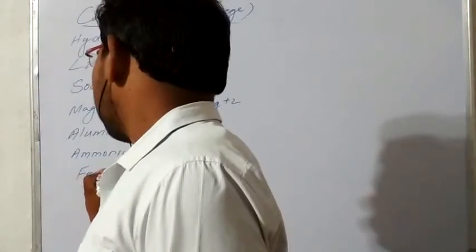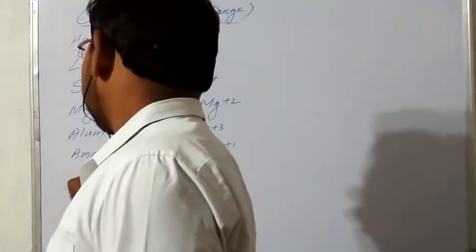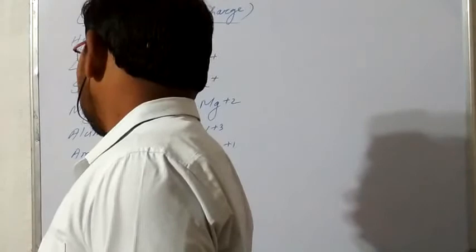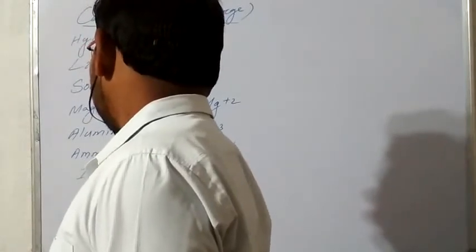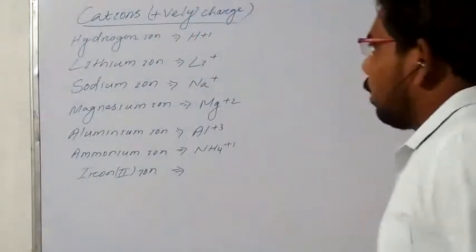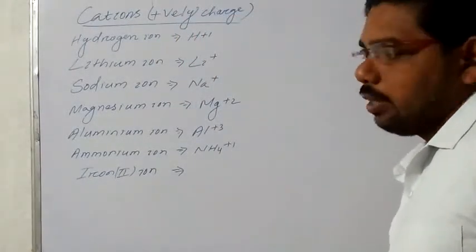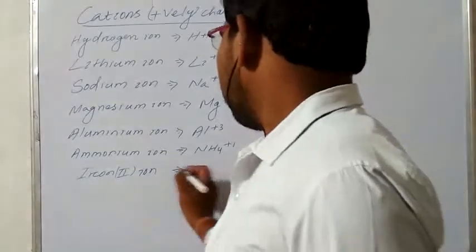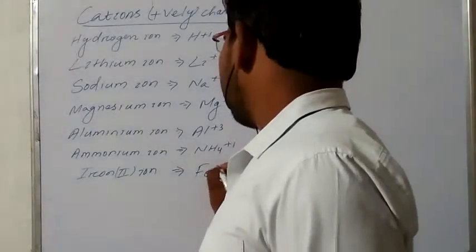Iron two ion. Iron has the two charge, that is, it has variable valency also. Iron 2 ion, that is the Fe plus 2.